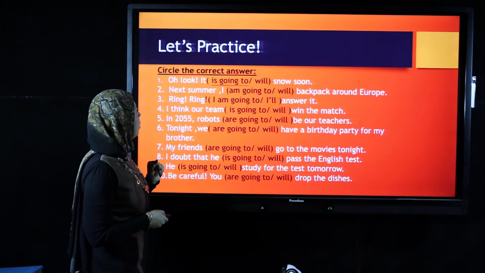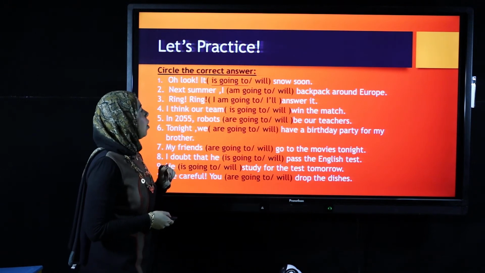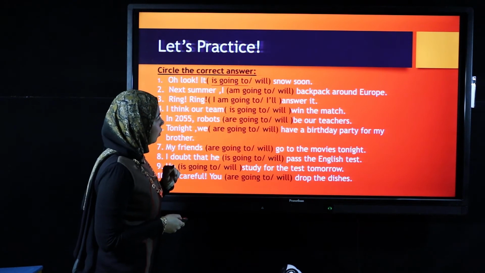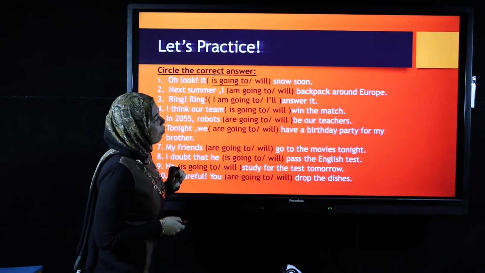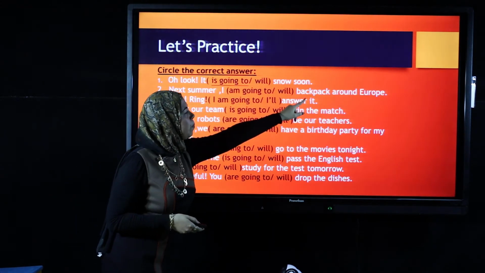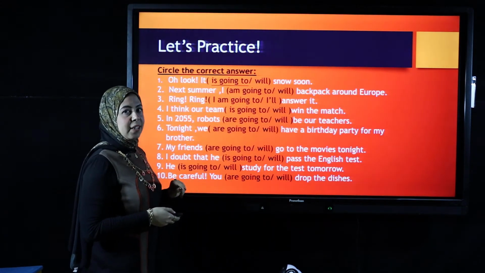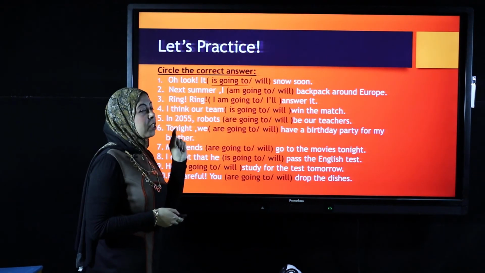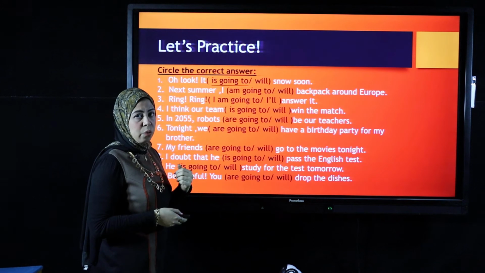The next point. Next summer, I am going to or I'll backpack around Europe. And now who can tell me what is the meaning of backpack? Yes, it has two meanings. One of them is the verb and it means to travel around the world.